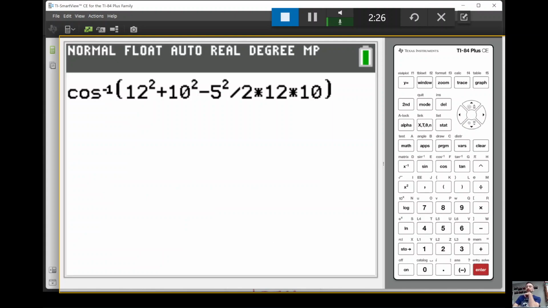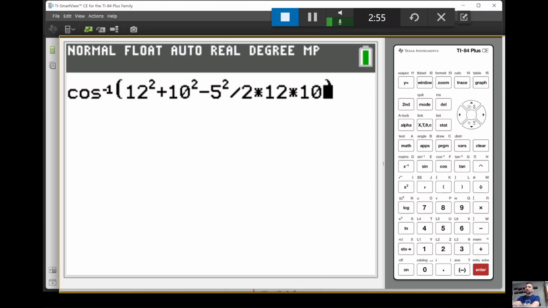And I get why you guys want to type it in this way, because this is maybe how it looks on your paper, but this is not what you mean to ask your calculator. Your calculator does order of operations exactly the way you're asking it to. So order of operations is going to do all these squaring first, but then it's going to do this division, just negative 25 divided by 2, and then it's going to go back and do some adding, subtracting.